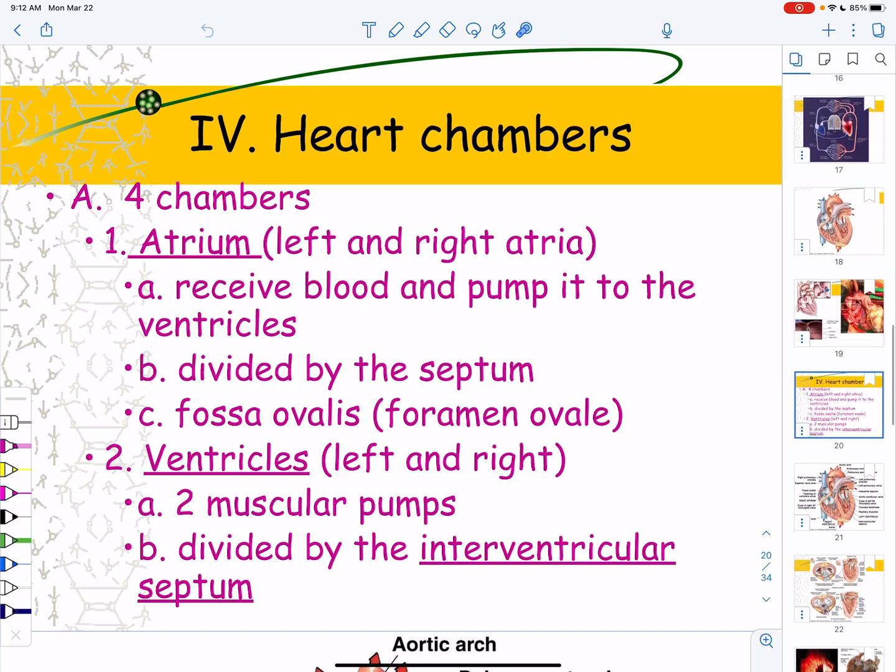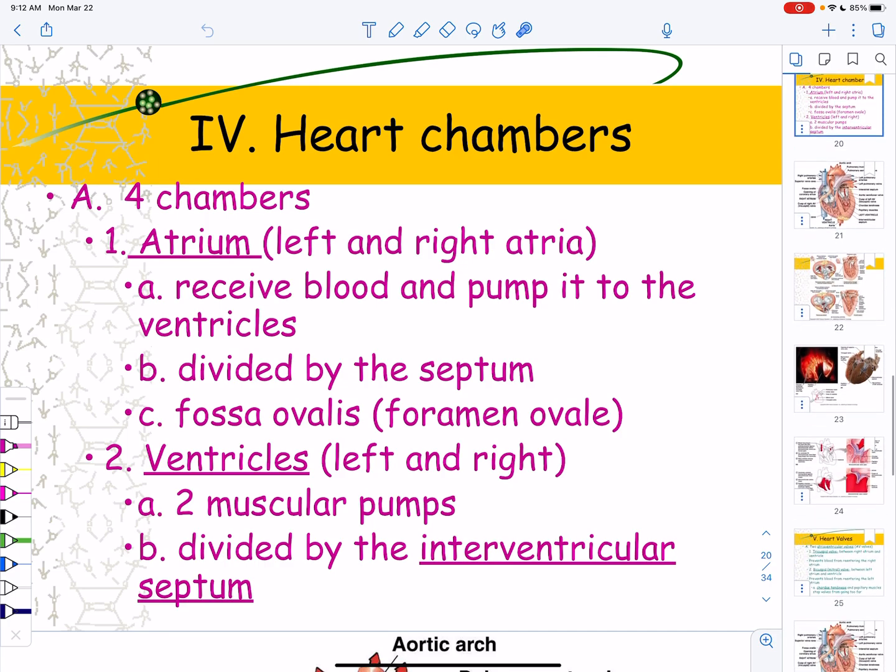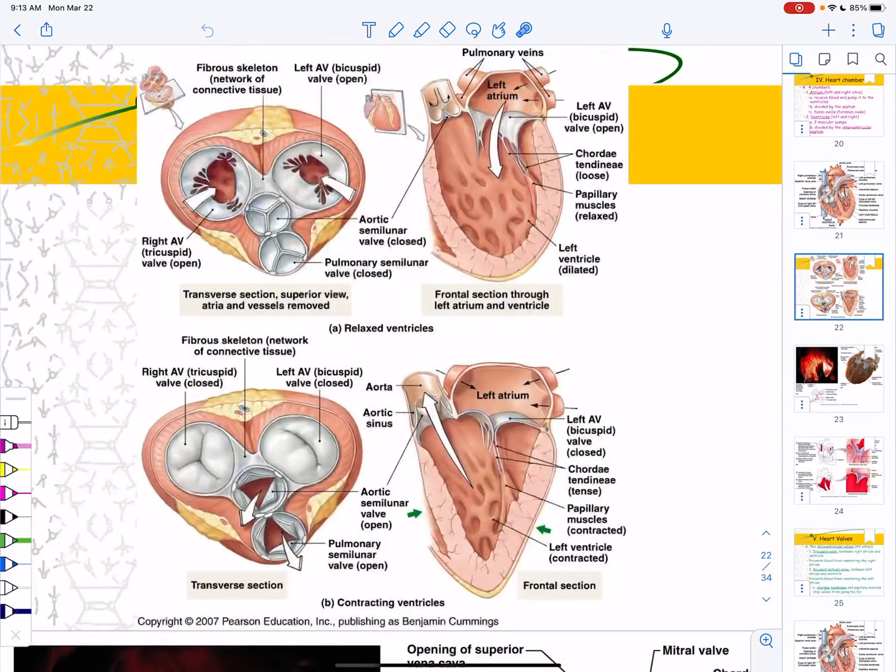Okay, so let's look at what the valves look like specifically. And these pictures are on your packet practice pages. So make sure that you see that these are in your textbook, and they are here, of course. Okay, so this is kind of hard to see.